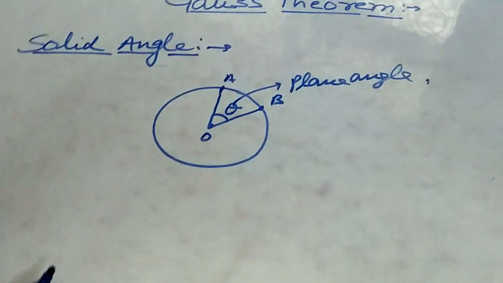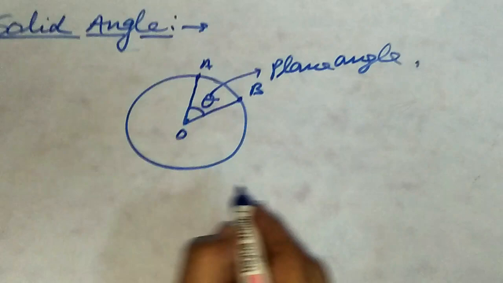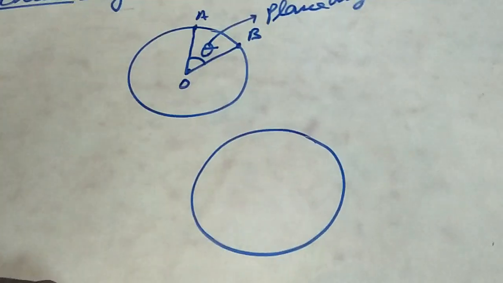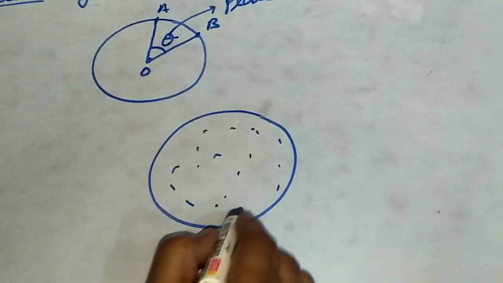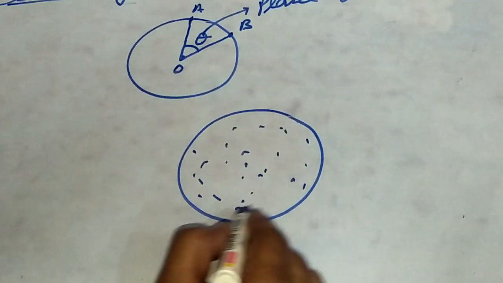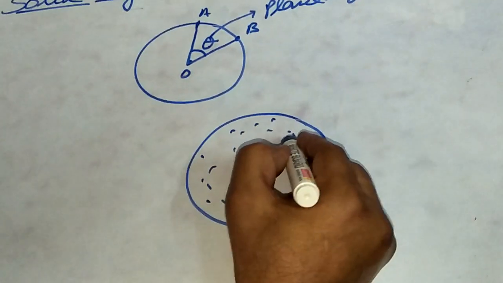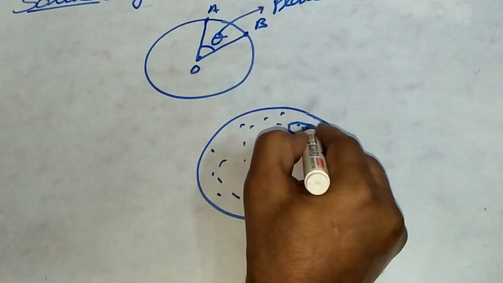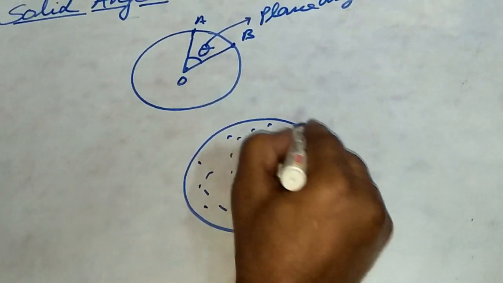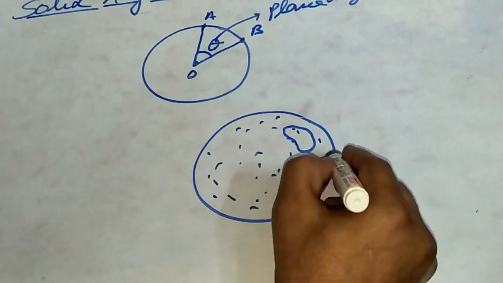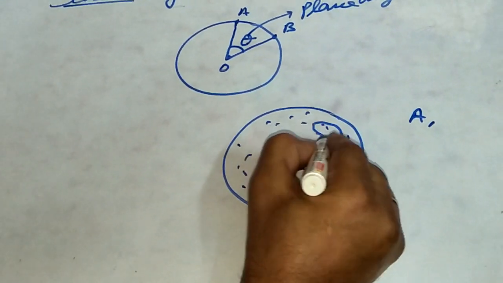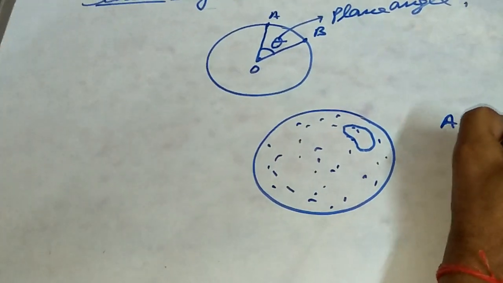But if you take a 3D figure, like a sphere, suppose this one is a sphere, this one is not a circle, this one is a sphere, and on this sphere you take a small area. Suppose the total area of this sphere is A, so a small area on this sphere is denoted by dA.